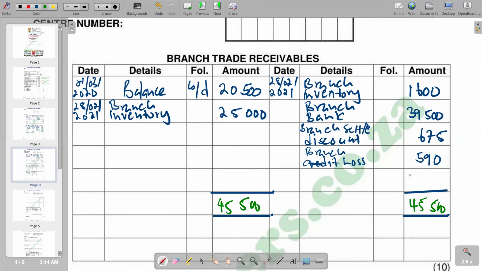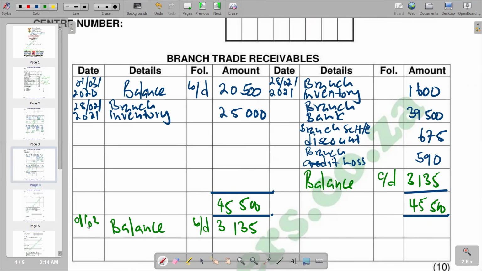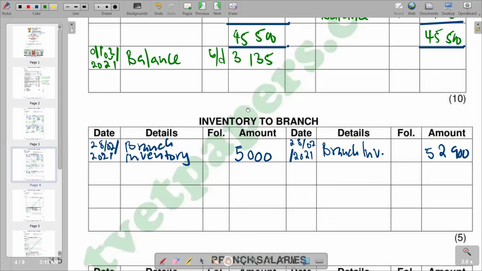Then you subtract all what we have on the credit to get the balancing figure of 3,100 balance CD. And of course, we have our balance BD on the opposite side below the double lines with the same amount. Here, the date is the first date of the next financial period, which is 01/03/2021. So we've completed that one. We go to the next one.